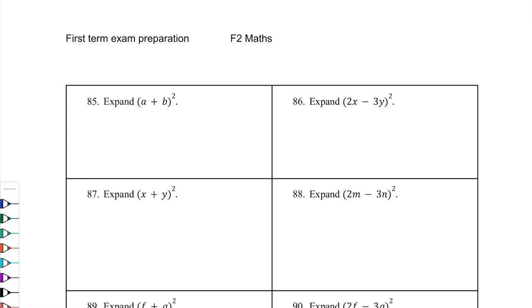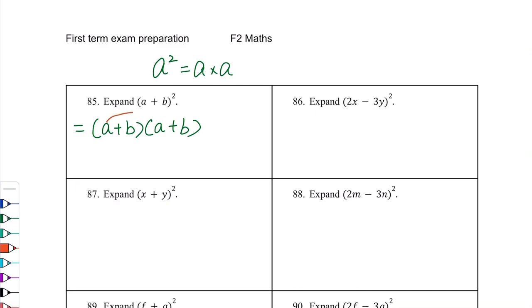So the first one, do you still remember what is a square? First of all, it means a times a. So now if this whole thing is having a square, that means it's this whole thing times this whole thing. And how do we expand? Expand means exempt the brackets. There should not be any brackets. That's called expanding.